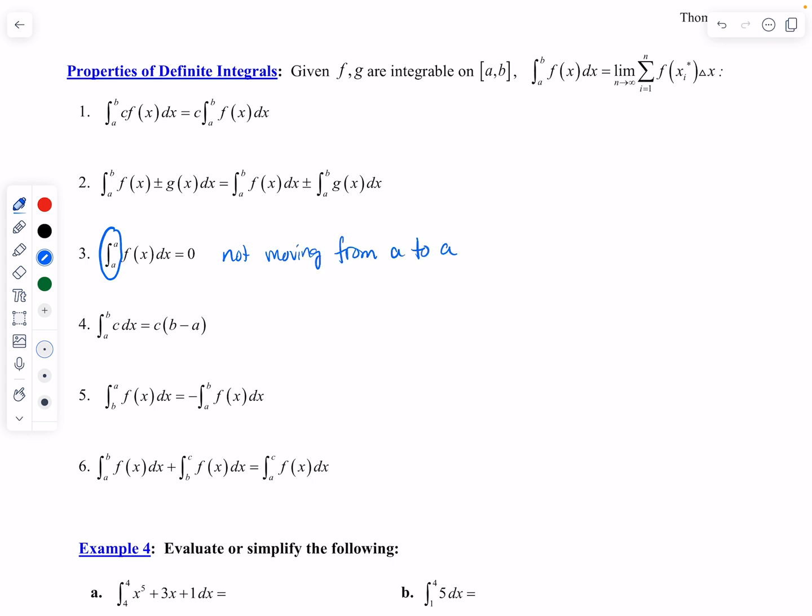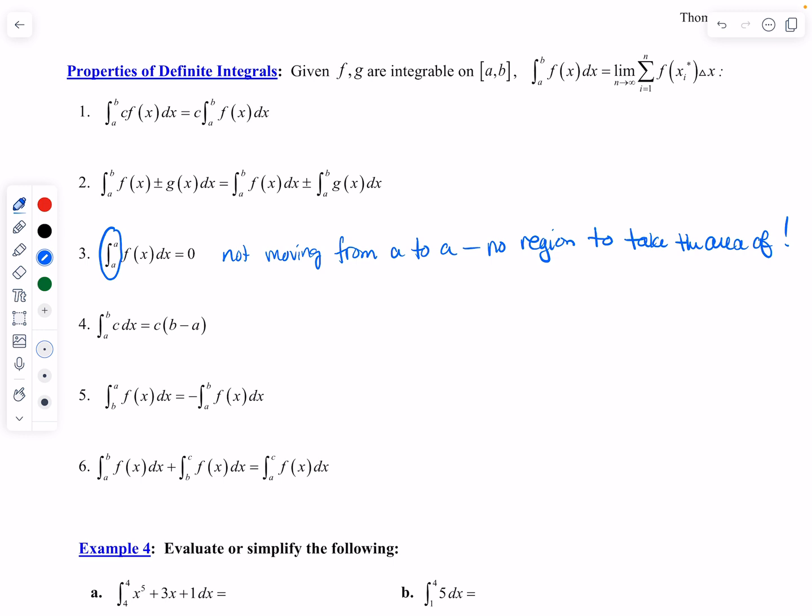So I don't have a region to take the area of. Okay? 4, if I'm integrating from a to b of a constant dx, then what you do is you take the constant times the upper limit b minus the lower limit a.